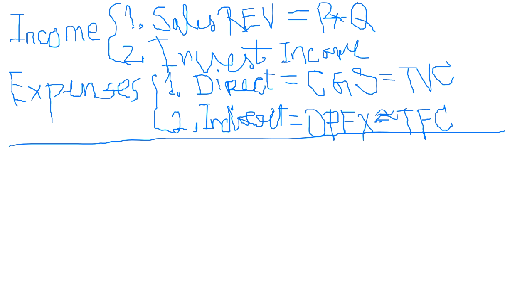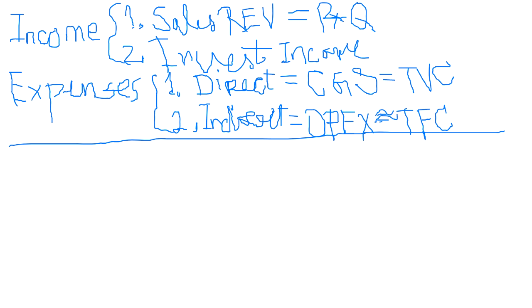If you produce 1 unit, it is 300. If you produce 10 units, total variable cost is 3,000. If you produce 100 units, it is 30,000, and so on.